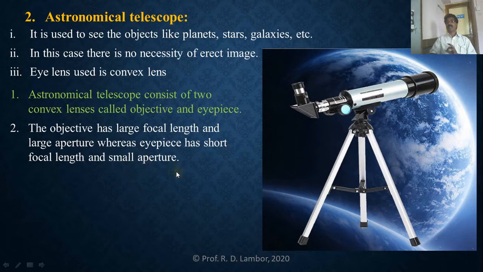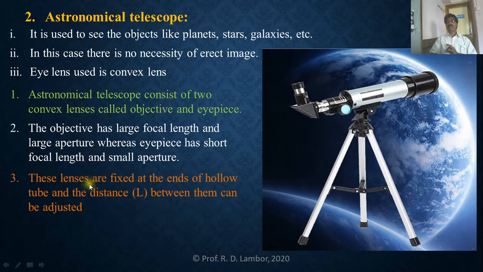Now, here we have used a long hollow cylindrical tube. At one end, the objective is fitted. At the other end, the eyepiece is fitted. These lenses are fixed at the ends of the hollow tube, and the distance between the lenses can be adjusted by using the knob here.